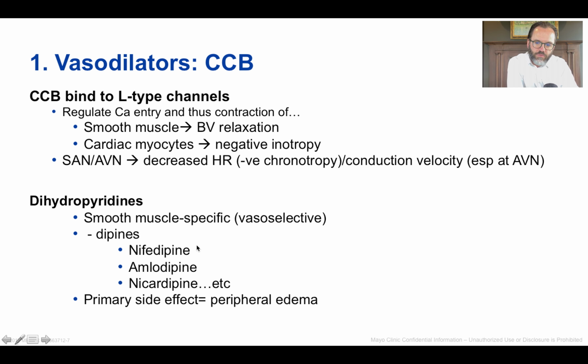So these are relatively smooth muscle specific or vasoselective, if you will, and these are drugs like nifedipine and amlodipine and other drugs. And so these have a primary side effect, however, of peripheral edema.